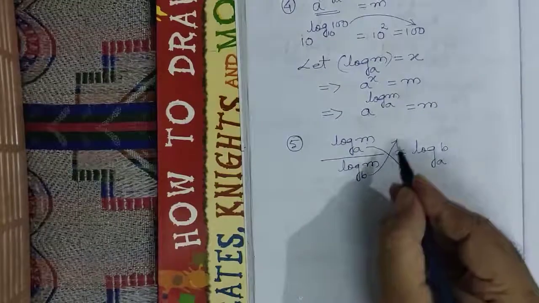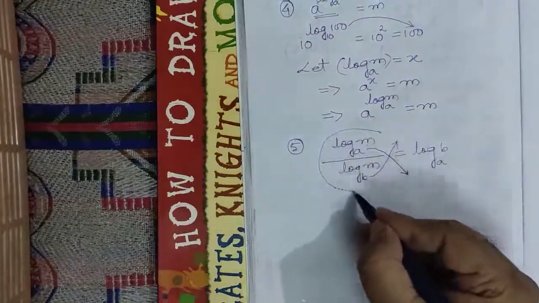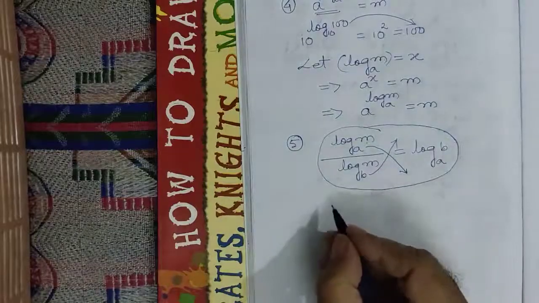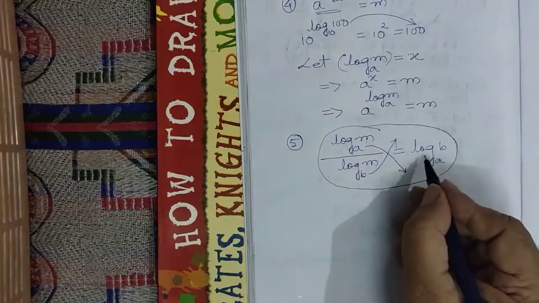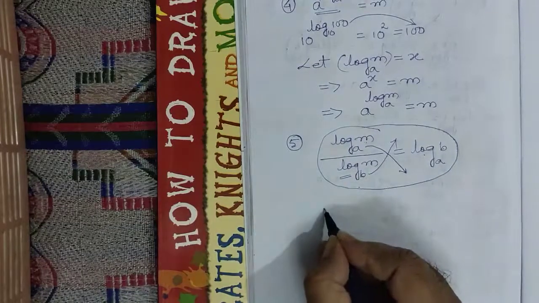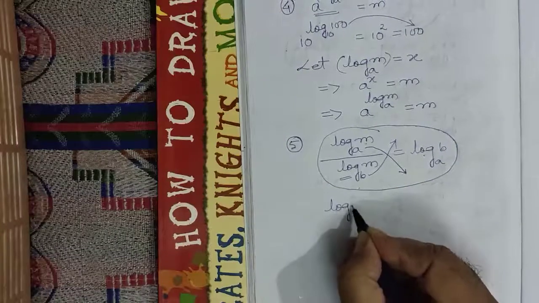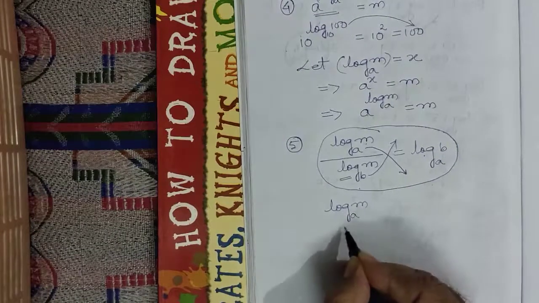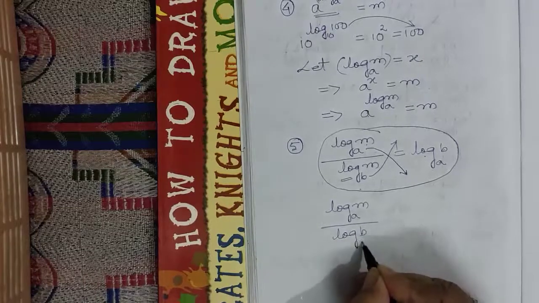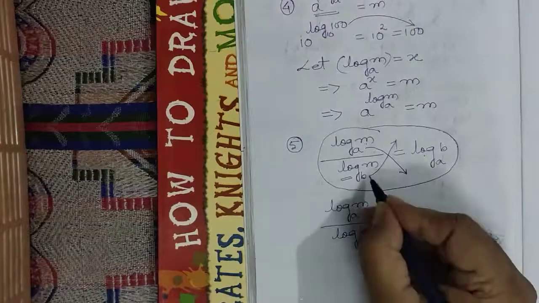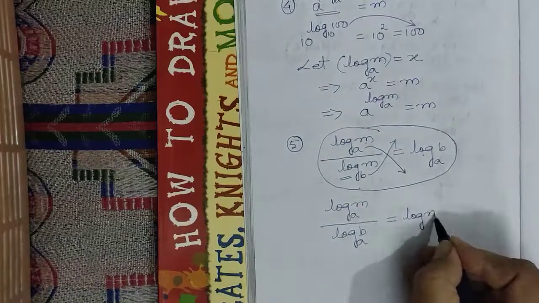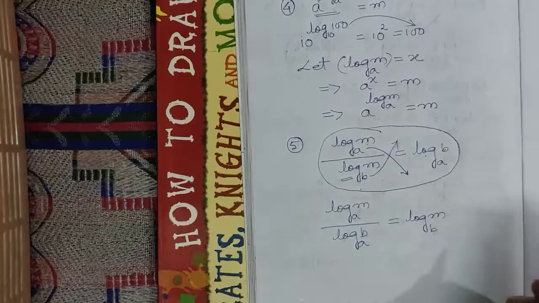Now, for this property, I will be giving you 3 stages. All the 3 stages are required to be understood. See, if I bring this quantity to the left hand side and this to the right hand side, I will be getting log m base a divided by log b base a equal to log m base b.